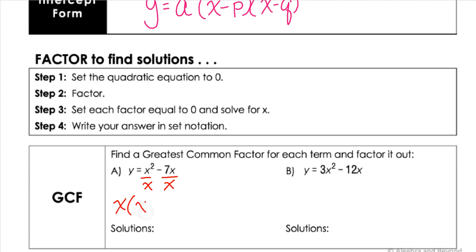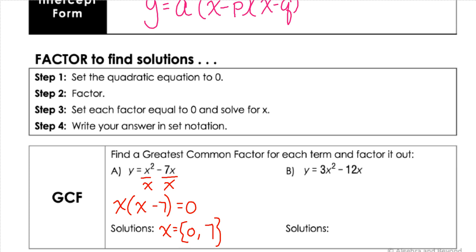When I factor that out, it leaves me with an x in the first term and a -7 in the second term. Then we take each factor and set it equal to 0. When I take x and set it equal to 0, my first solution is just 0. When I take x minus 7 and set it equal to 0, that tells me that x is 7. So those would be my two solutions.